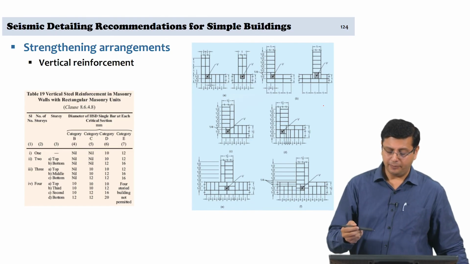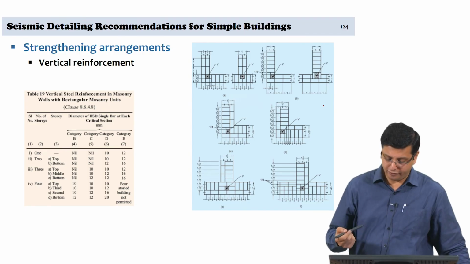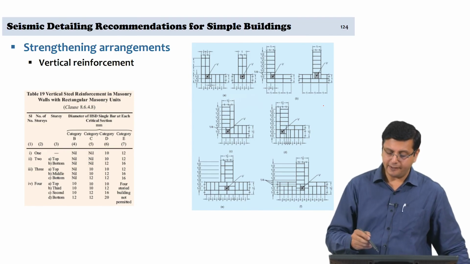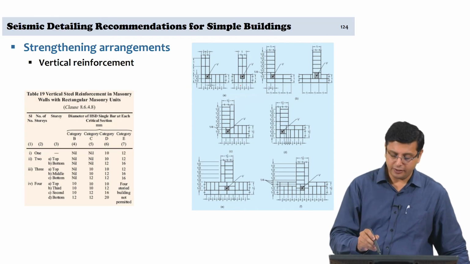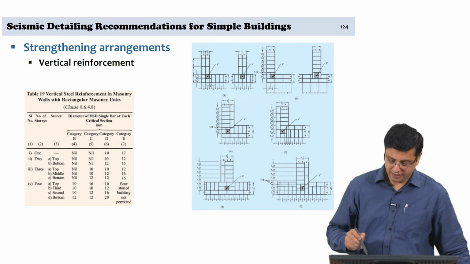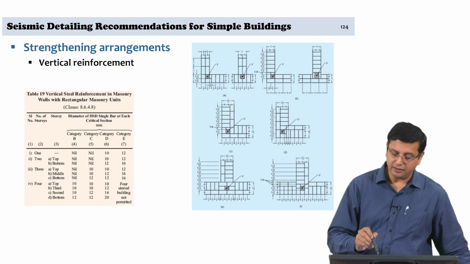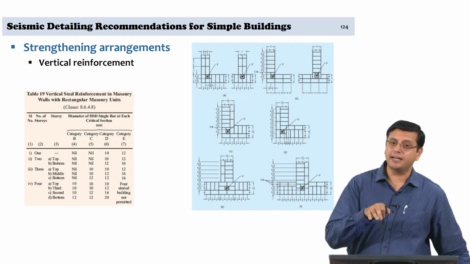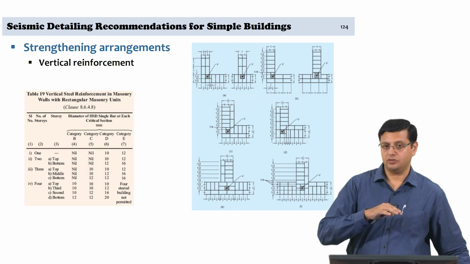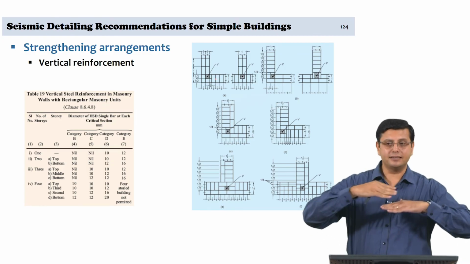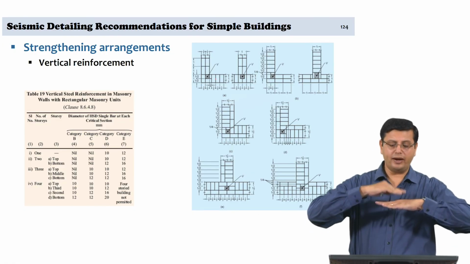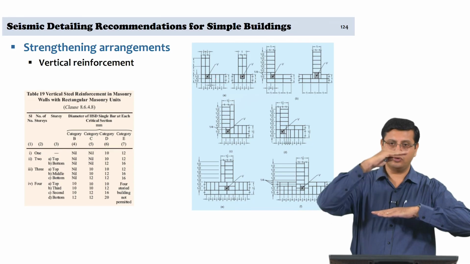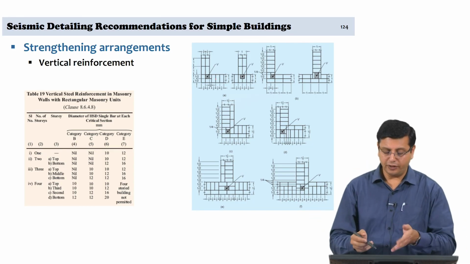You have one brick wall, 1.5 brick wall examples that are provided. You have the vertical steel coming at the junction of walls or the wall corners. So, you look at A, B, C and D, E and F, you can see the layout prescribed for alternate layers. Alternate courses must have vertical stagger, and that is why course 1, 3, 5 and course 2, 4, 6 would have to have different configurations.